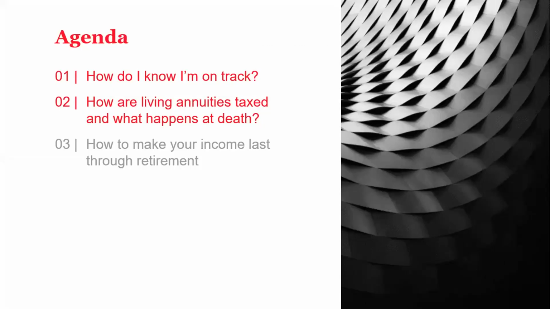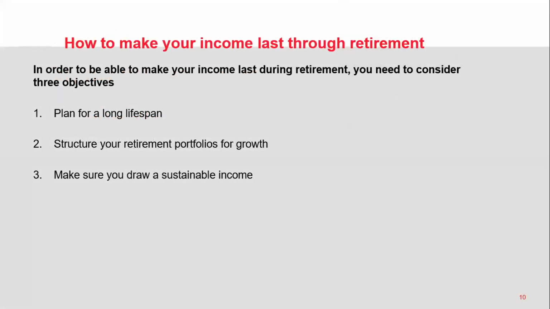And then quickly, just to touch on how we think you should go about trying to make your income last. We've come up with three different objectives that you should think about. It's an important question, obviously, because like I said, your income isn't guaranteed. It's linked to an investment which is based on the performance of the underlying funds.